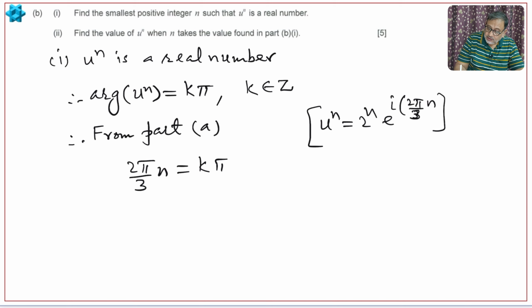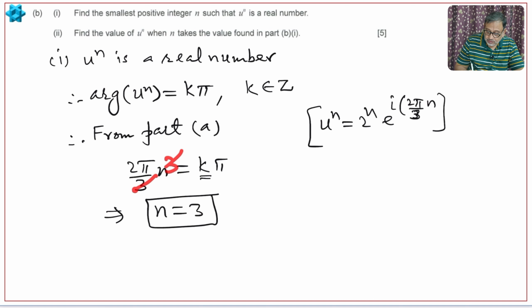Like this you get it in the Euler form. De Moivre's theorem, of course, we apply. Now k will be an integer when this 3 gets cancelled. It will get cancelled with n, and they wanted the smallest positive integer n, so it will be 3 only. Therefore n is equal to 3.